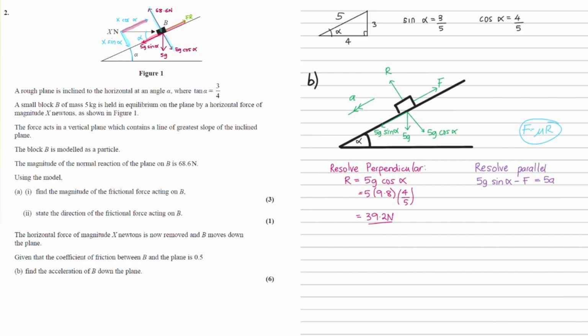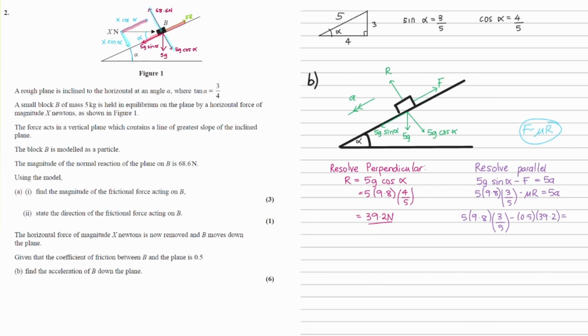So when we write this equation, we will now write it as 5 times g, which is 9.8, times sine alpha replaced with 3/5, minus F replaced with mu R, and this would be equal to 5a. We can now also substitute the values for the coefficient, which is 0.5, and the reaction force, which we found, which is 39.2 newtons, and this is equal to 5a.